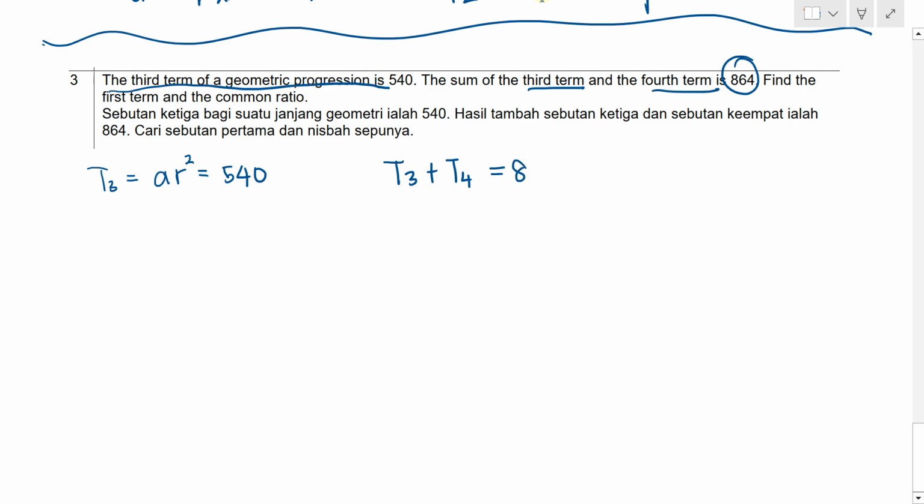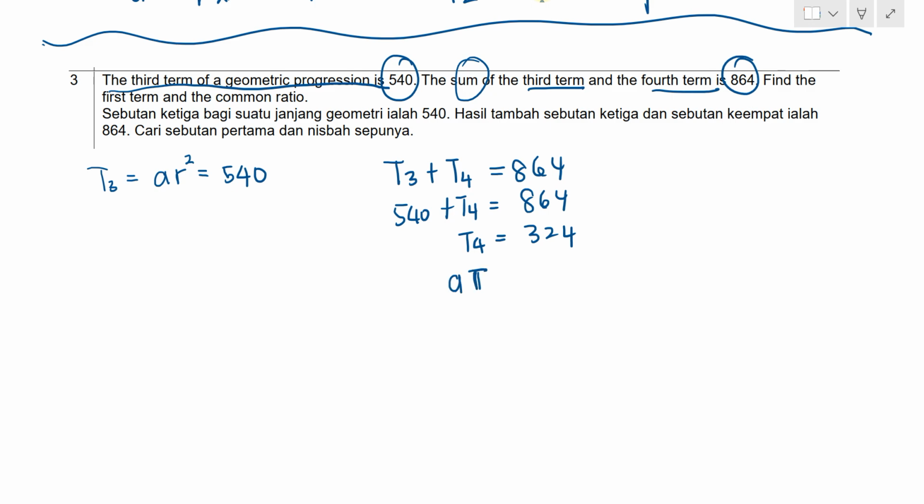Okay, so 864. The term 3, T3, just now we know it is 540. Why do I add? Because they say sum. So what is the value of T4 actually? 864 minus 540, so you get 324. T4 is AR cubed, which is 324.